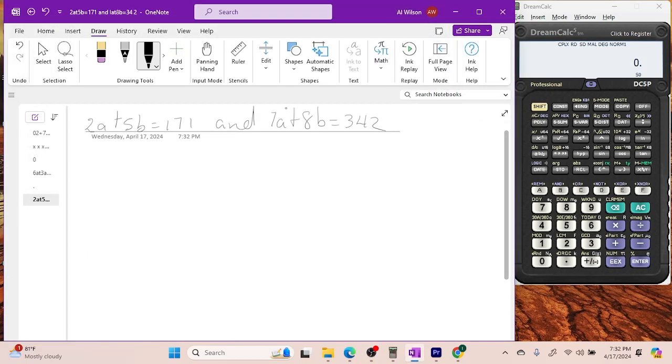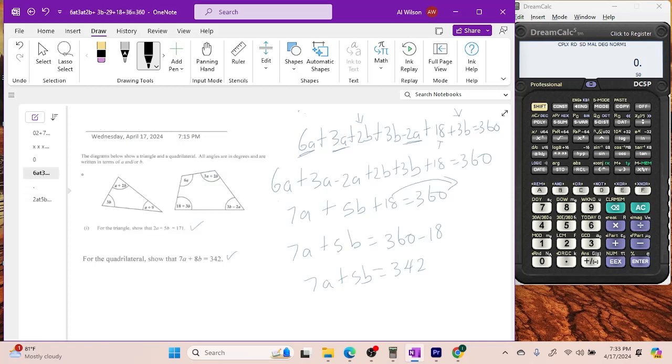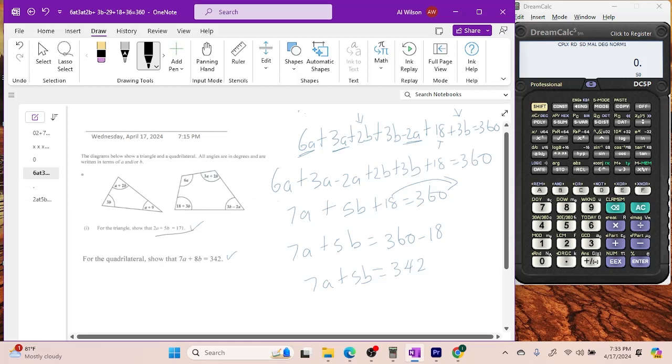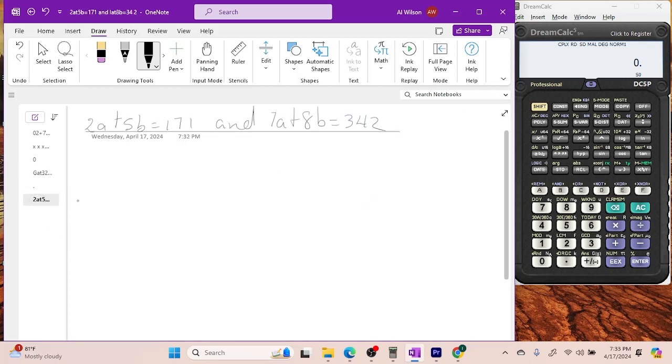Okay, so let's now just finish off this question. So we have 2a plus 5b is equal to 171, and 7a plus 8b is 342. So we're using these two equations, and we're going to have to use simultaneous equations to solve it. So my equation 1 is 2a plus 5b is equal to 171.